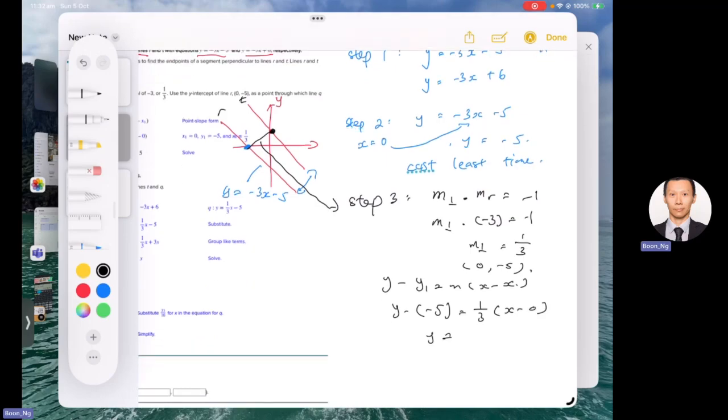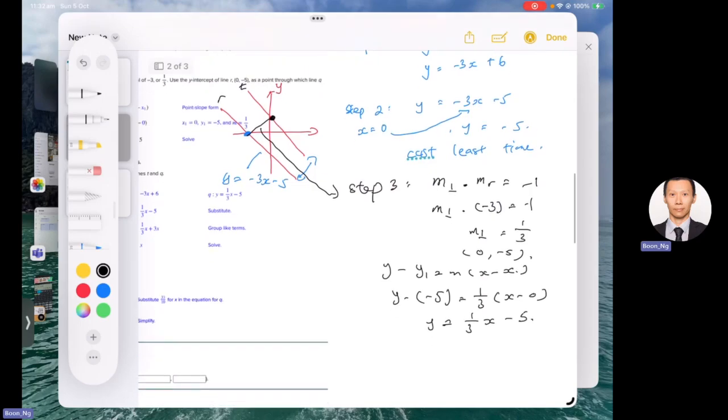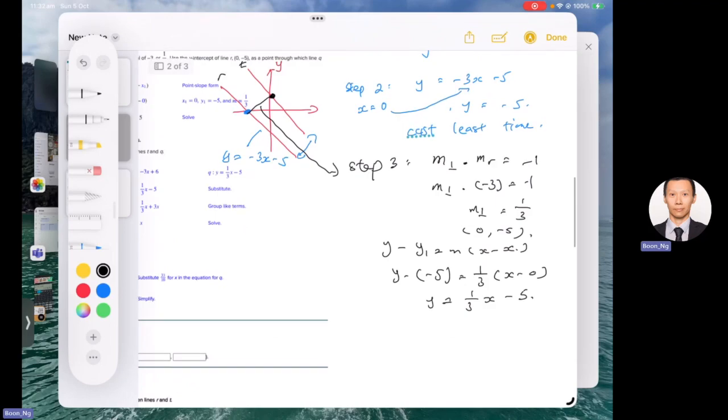If we rearrange it, we will get y equals 1/3x minus 5. Of course, I skipped some steps, so you need to work on it. All right.